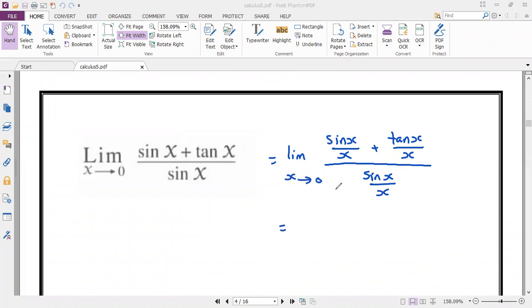So the limit of sine x over x, the first one, is 1, plus tan x over x, the limit equals 1, over sine x over x, which is 1. So 1 plus 1, 2 over 1 equals 2.